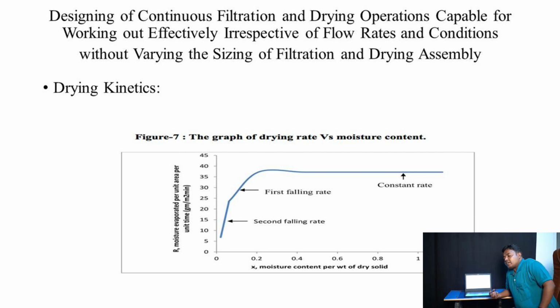The bound moisture content is such that the vapor pressure exerted by bound moisture at a particular temperature T is less than the equilibrium vapor pressure exerted by the free liquid at the same temperature.